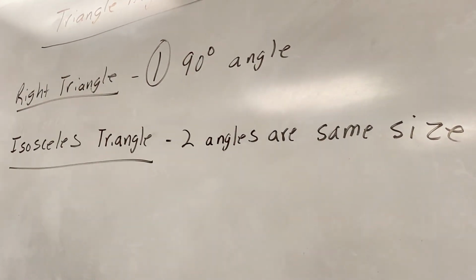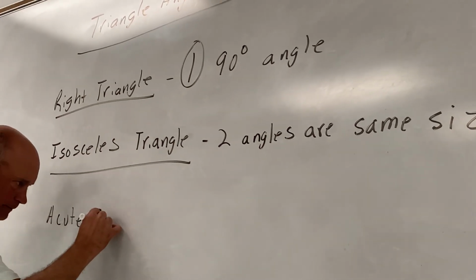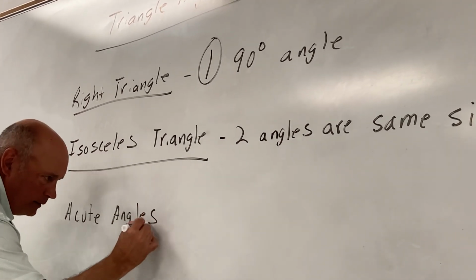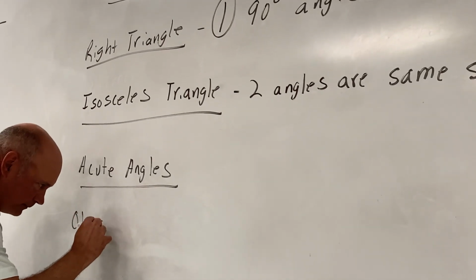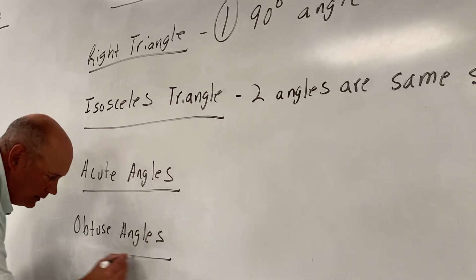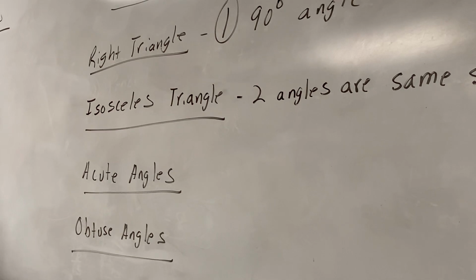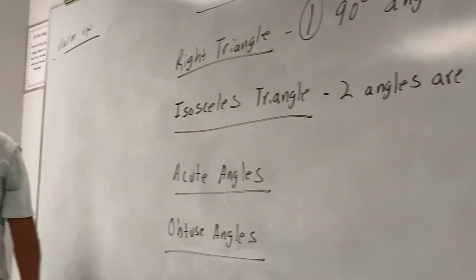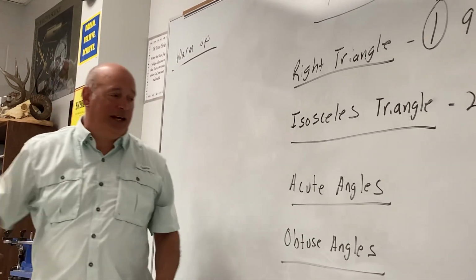Okay. And then we have what we call acute angles and obtuse angles. Who can tell me what acute angles are? Less than 90.